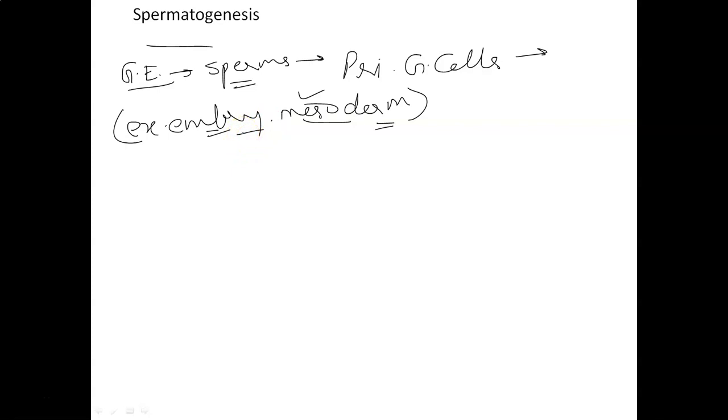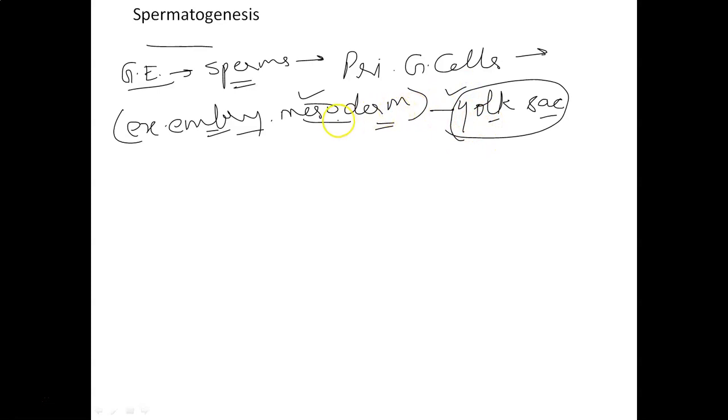These germ cells will migrate from the extra embryonic membrane to the yolk sac, because in the embryo the yolk sac is present initially, but later it is destroyed in the human embryo. This yolk sac is also a type of extra embryonic membrane, but it becomes useless in the human in later stages.